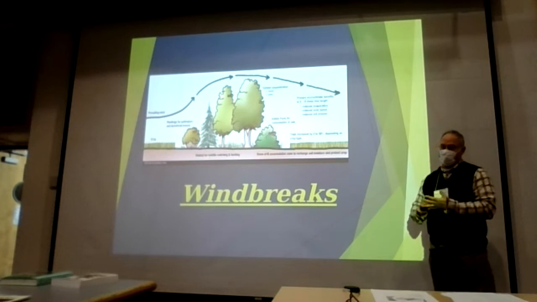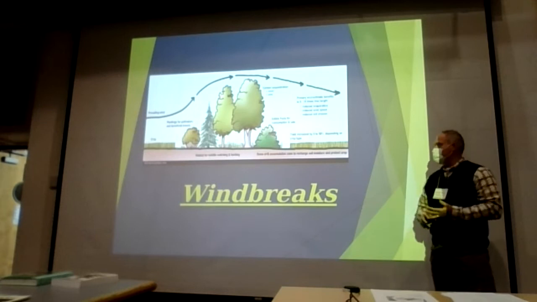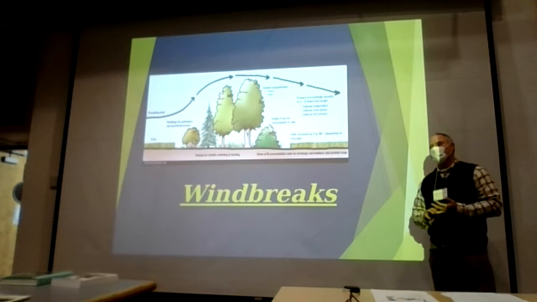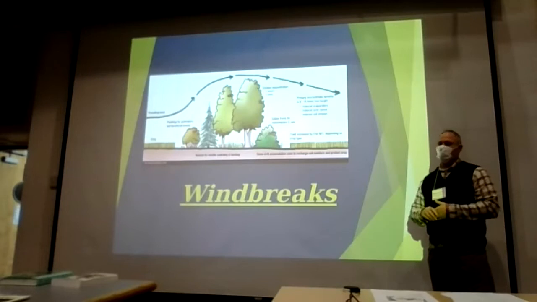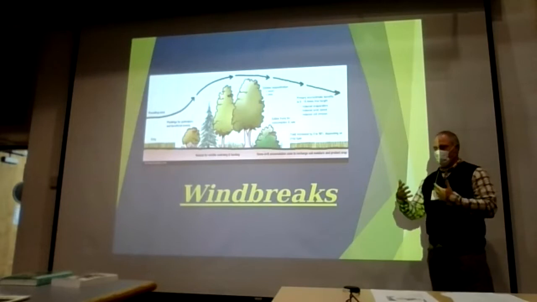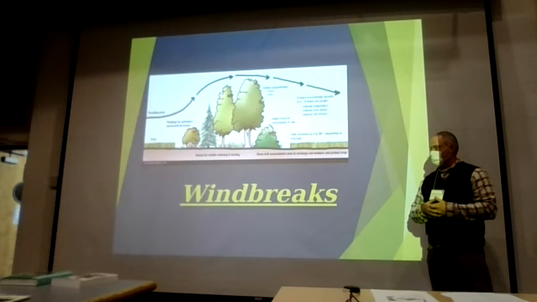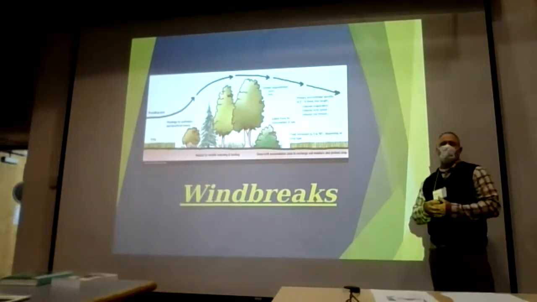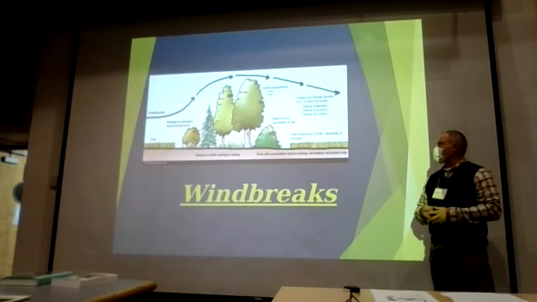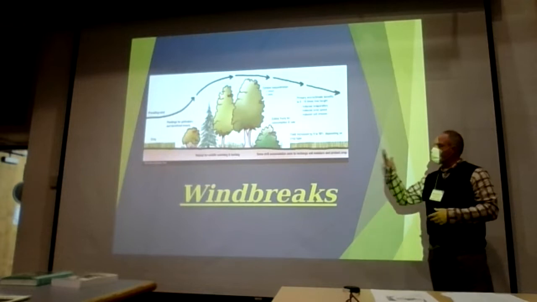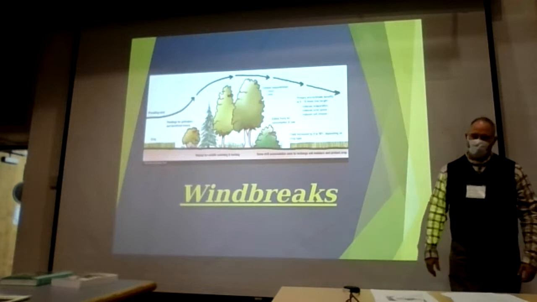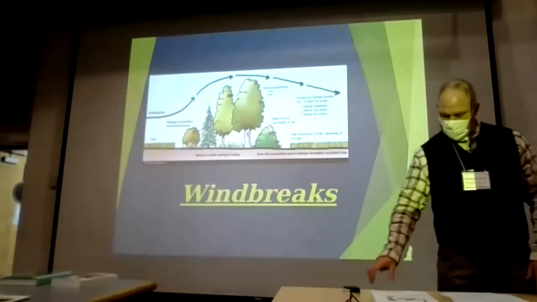You can just use grass trap strips. Typically that's used in advance of planting trees or shrubs. But I've seen plenty of farmers just use warm season grass trap strips that work quite effectively. They don't provide the yield advantage that trees and shrub zones do. However, they do provide some windbreak advantages.